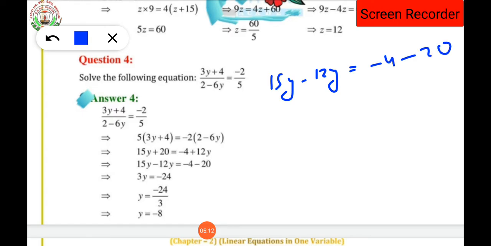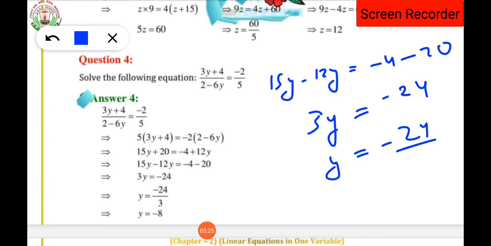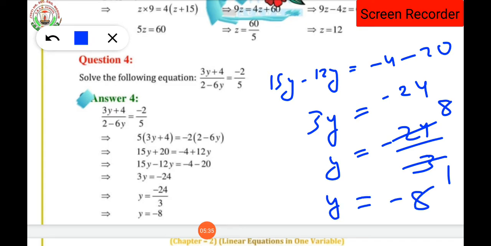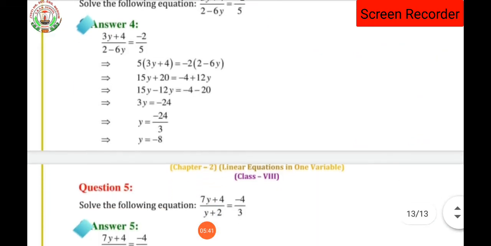So 15y minus 12y will become how much? That will be 3y is equal to minus 24. So y is equal to minus 24 upon 3. 3 ones are 3 and 3 eights are 24. So the value of y we will get is minus 8. Clear?